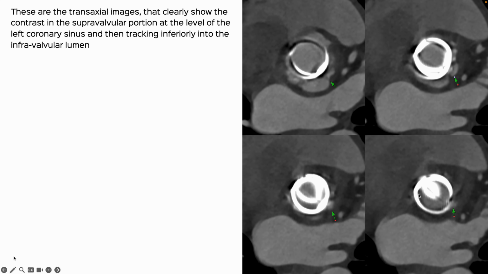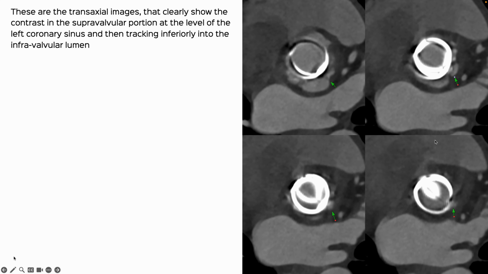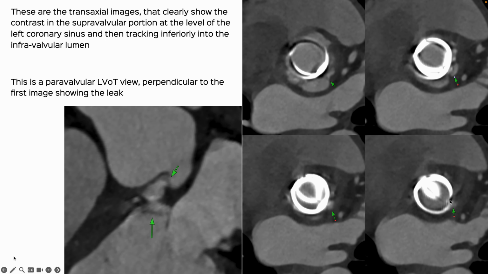And again, just like here where this artifact is obscuring the entry of the contrast leak into the infravalvular lumen, the same thing is kind of happening here. But if you look at the parasagittal, which is just perpendicular to this area of leak in the LVOT plane, you can clearly see the communication.